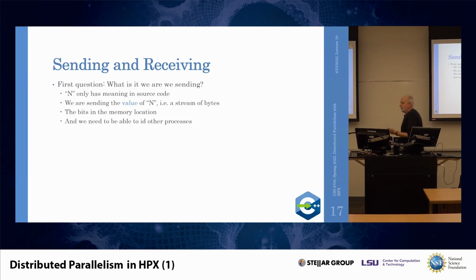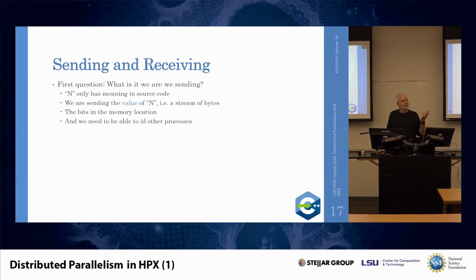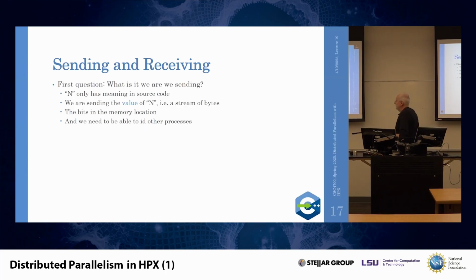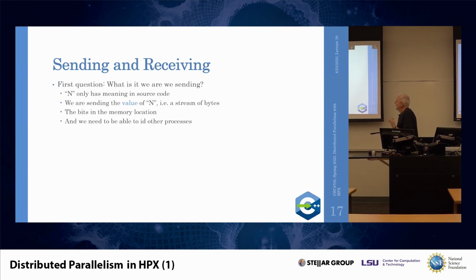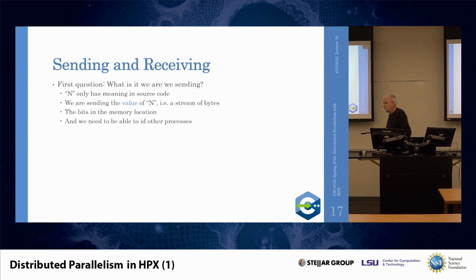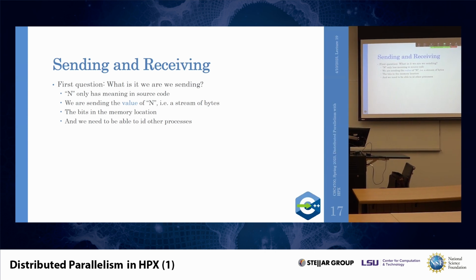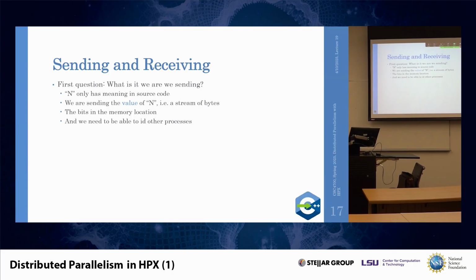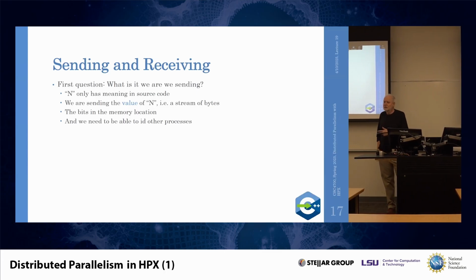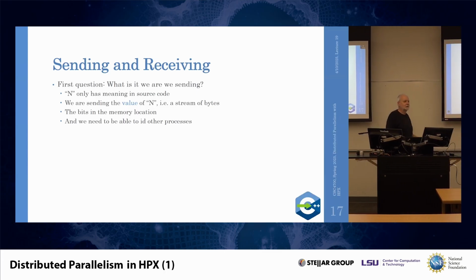Well, what's actually being sent is the value of n, and not n itself, because n is a variable that only the compiler has knowledge about. The code doesn't know that the variable is called n. Because n has meaning only in source code, the collective operations will send the value of n. And what does it mean to send the value of an integer over the network? Well, you send the bits that represent that integer. What does it mean if you send a vector of doubles over the wire?